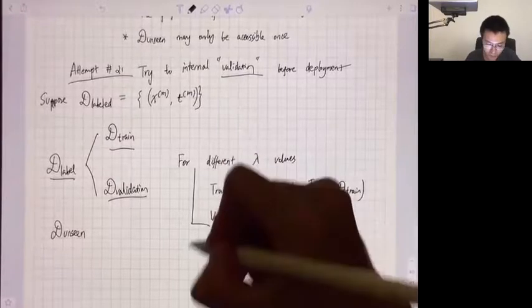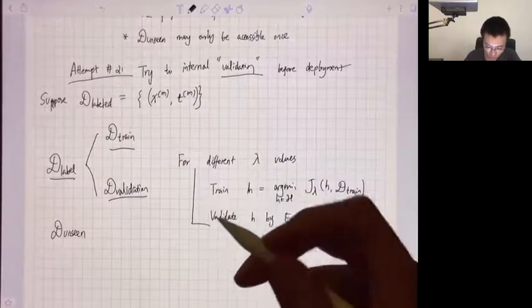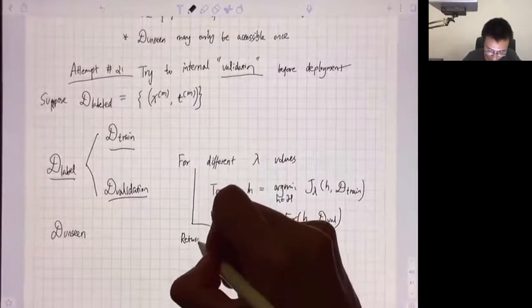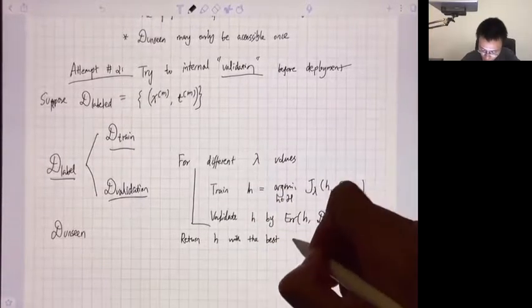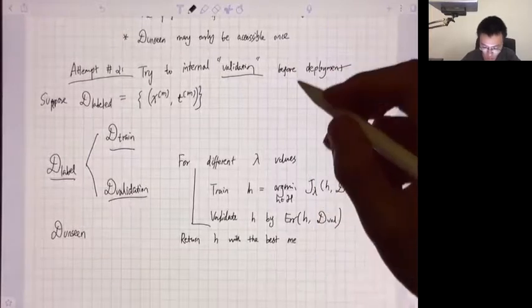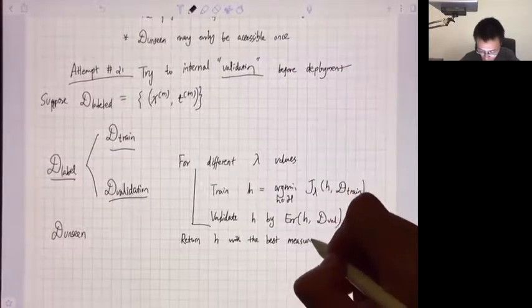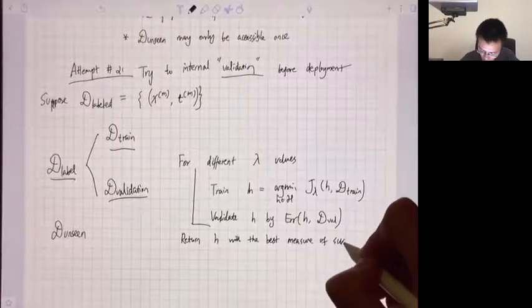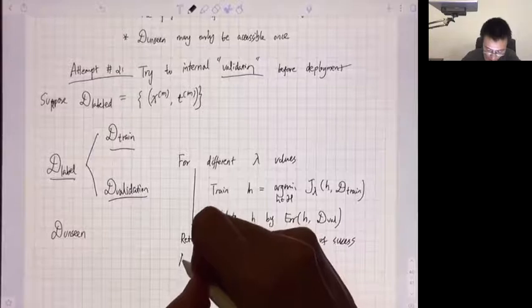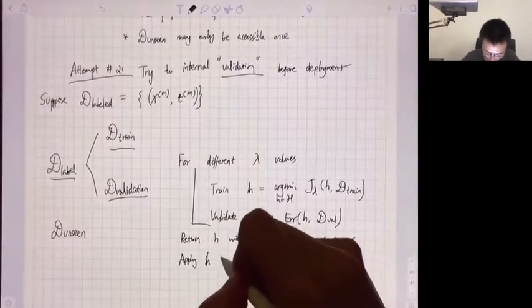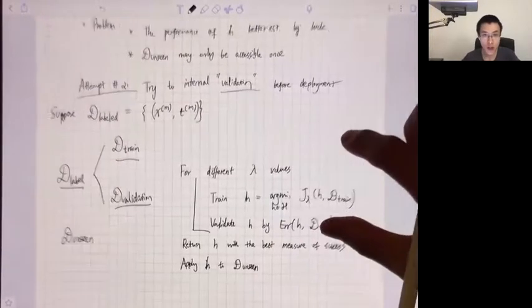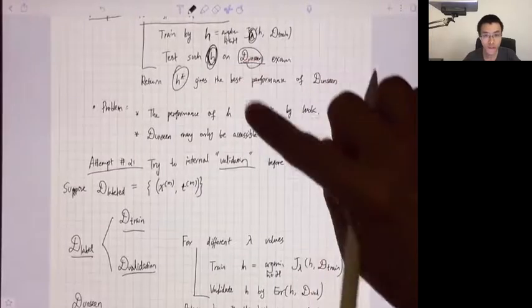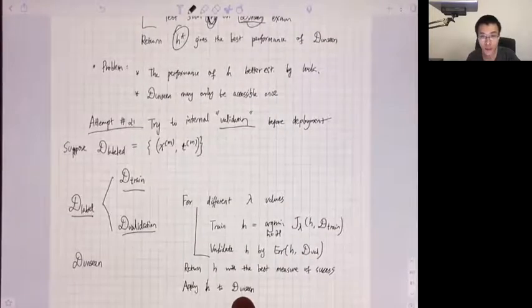Then I return the h with the best measure of success, which means with the lowest error, and then apply h to the unseen. So you see this algorithm is very similar to the earlier one, but you avoid using the unseen many times. The unseen is only reserved once, okay?